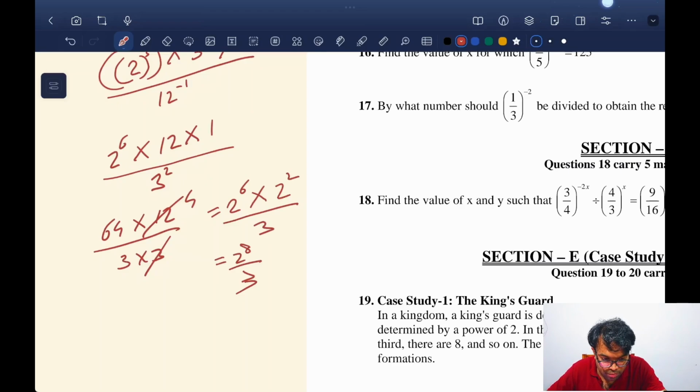Was it correct or wrong? Why did you write minus 9 here, Reed?